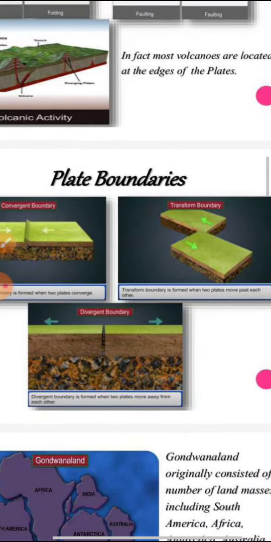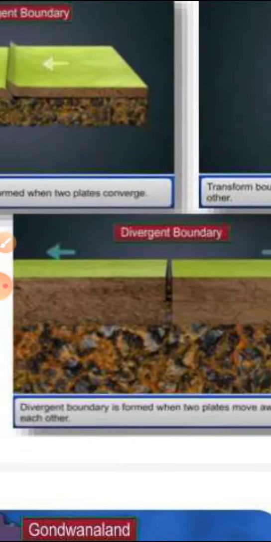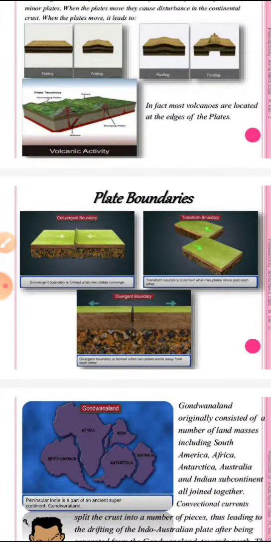The second type of movement is known as divergent movement of tectonic plates. Here you can see the two plates moving apart. When two plates are moving away from one another, they are known as divergent tectonic plates, and they form a divergent boundary.